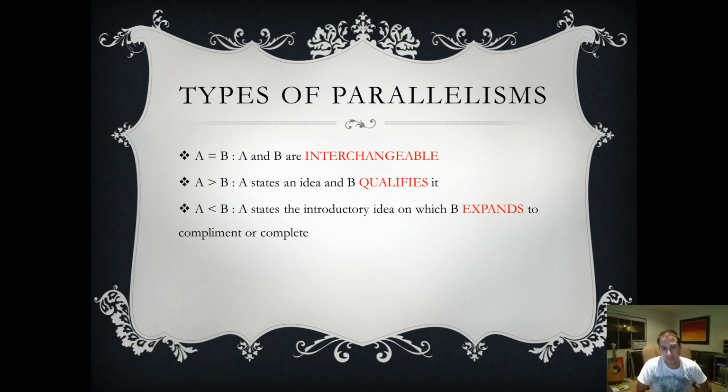The third category is where the first line, A, starts or introduces an idea, and then B, or the following lines, expand on it in some sense or complete it in some way. So these are the 3 basic categories of parallelism.